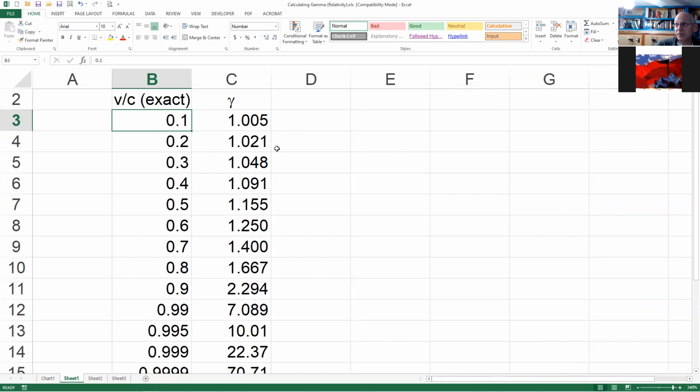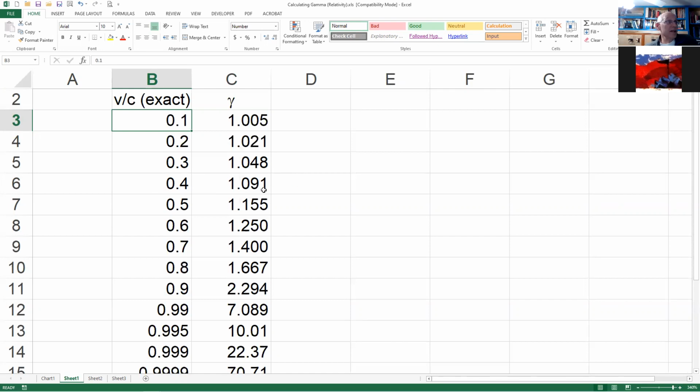It's 4 times as big, going from 0.5% to about 2.1%. And then you start tagging on tenths of the speed of light, 30% the speed of light, or 0.3, 1.048. Okay, that's a 5% difference.